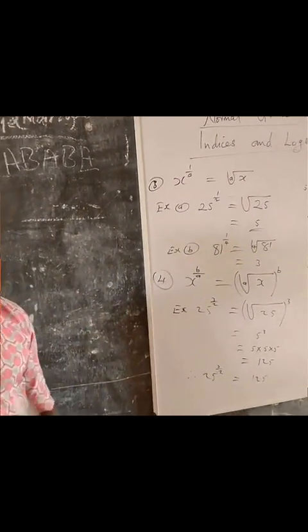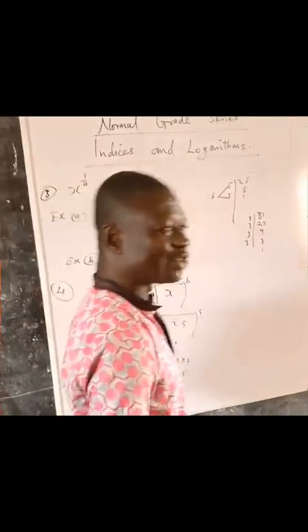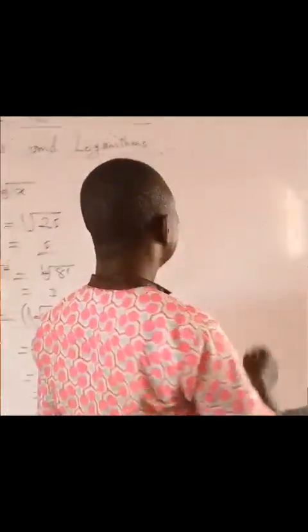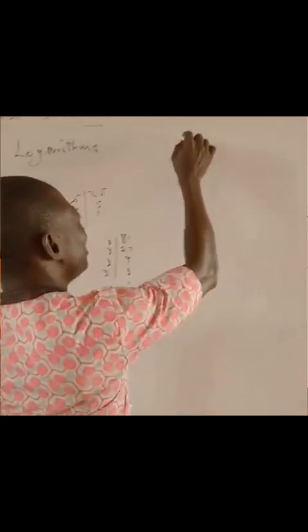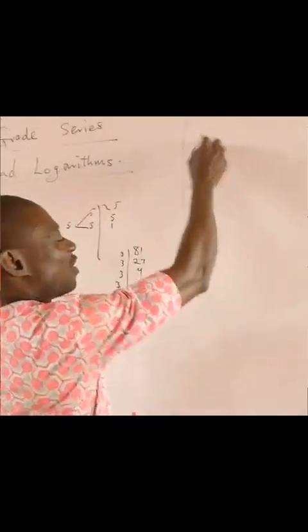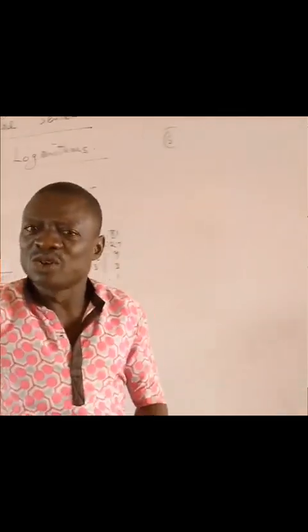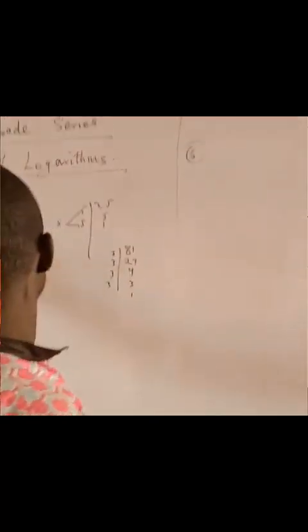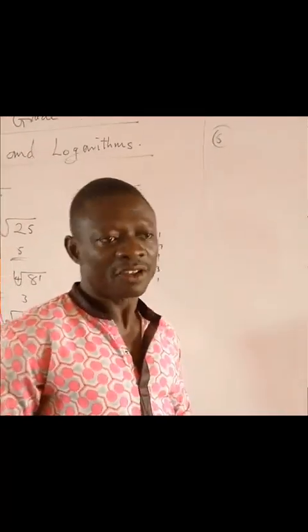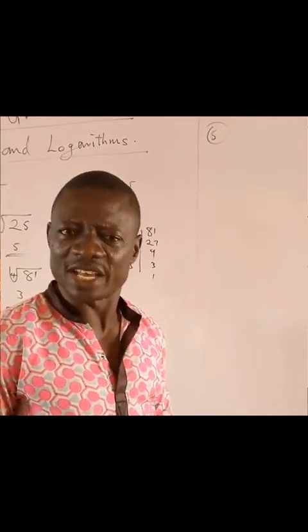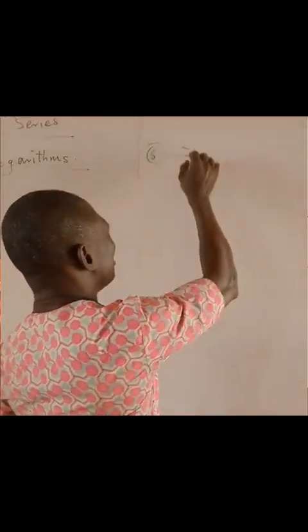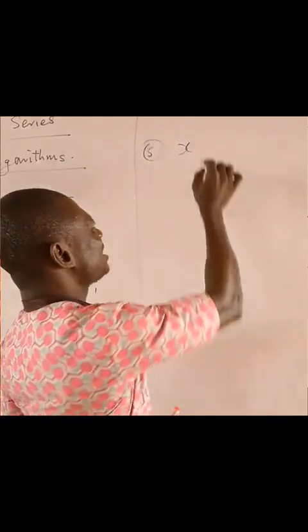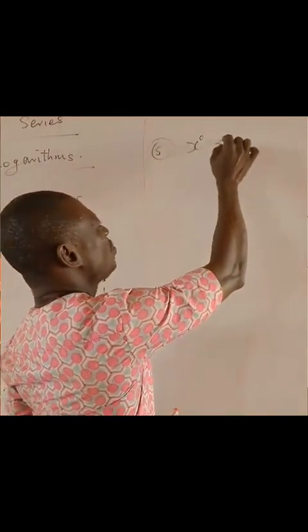Alright. Law number 5. Law number 5 is interested in a number raised to power 0. Because so far we have talked about whole numbers raised to power whole numbers. We have also talked about raised to power fraction. But what of when it is raised to power 0? The law is saying that x raised to power 0 is 1.